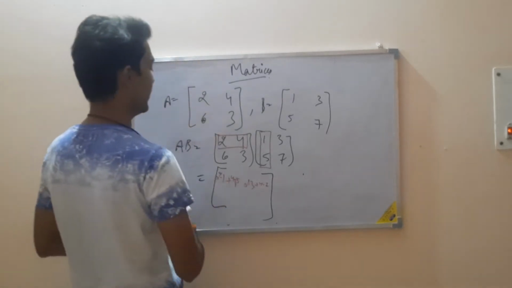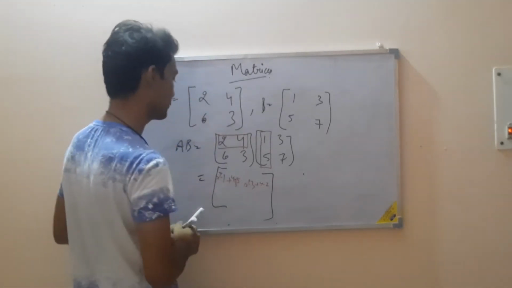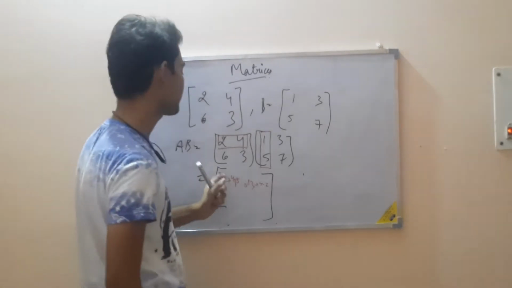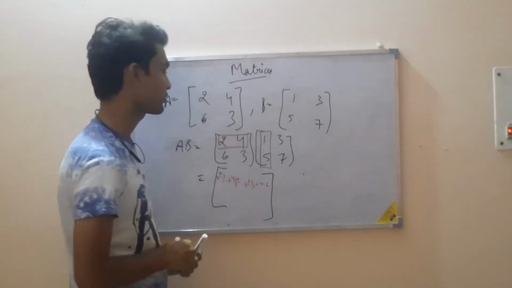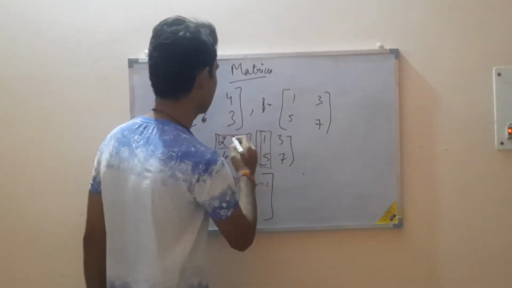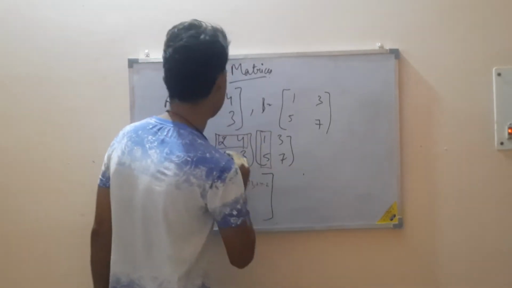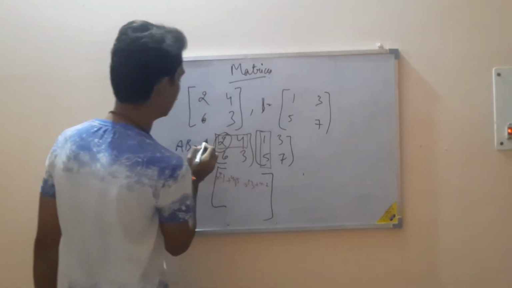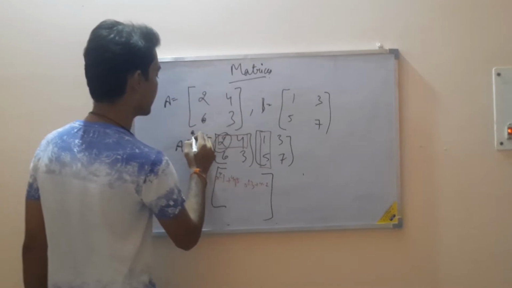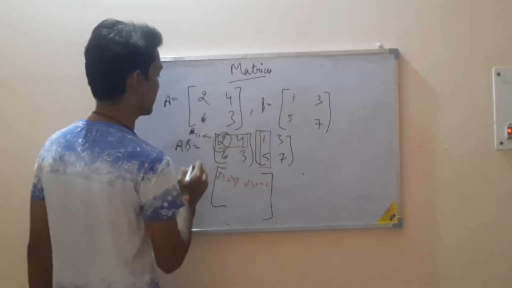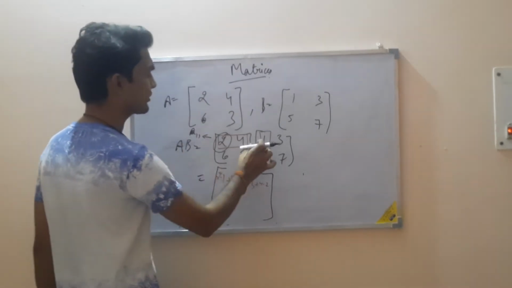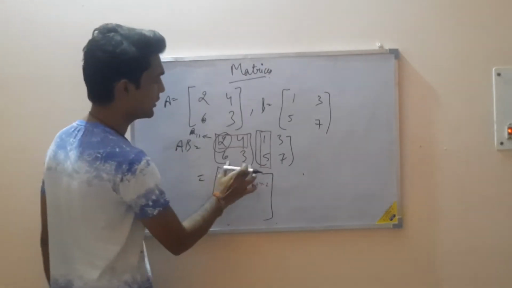Now we can generalize this. Let's have a look how. The entries are A11, A12, A21 and A22.